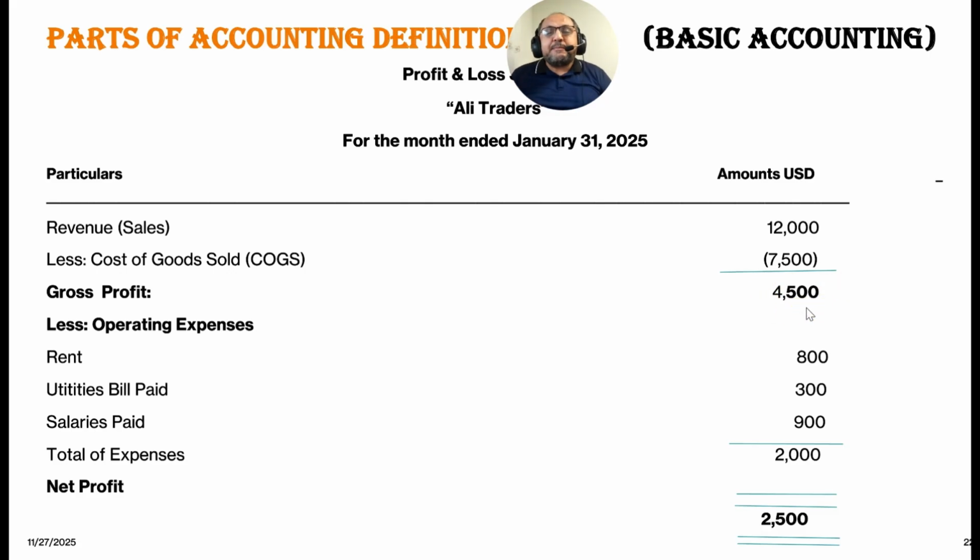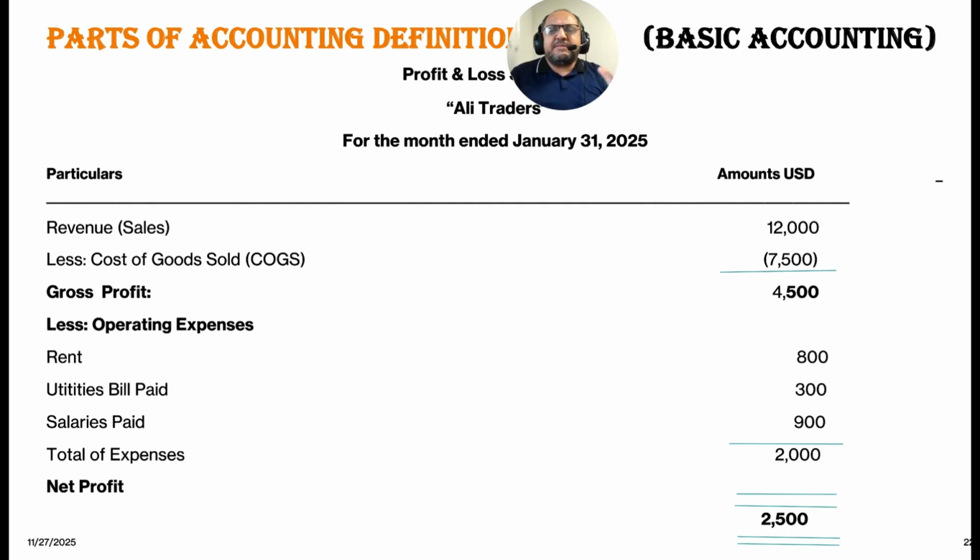But this is not a net profit. This is gross profit, and we still have to deduct the operation expenses, like rental expenses, utility expenses, salaries expenses, taxes expenses, transportation expenses, cargo expenses, bank expenses, and so on.